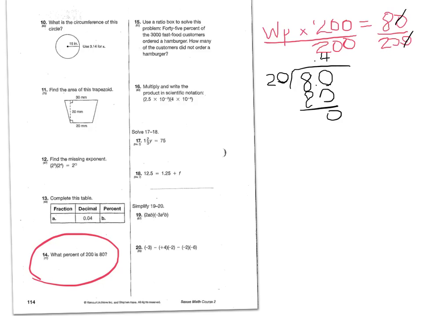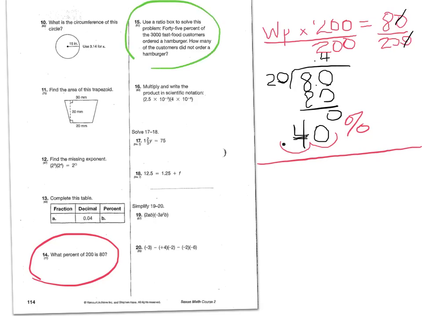So we end up with what percent is equal to 0.4, but we have to turn it into a percent, and when you have a decimal like this, we go 2 places to the right and add your percent mark, and so it is indeed 40%.